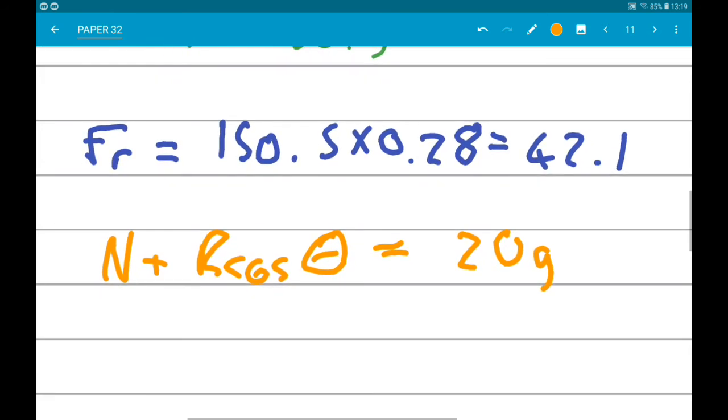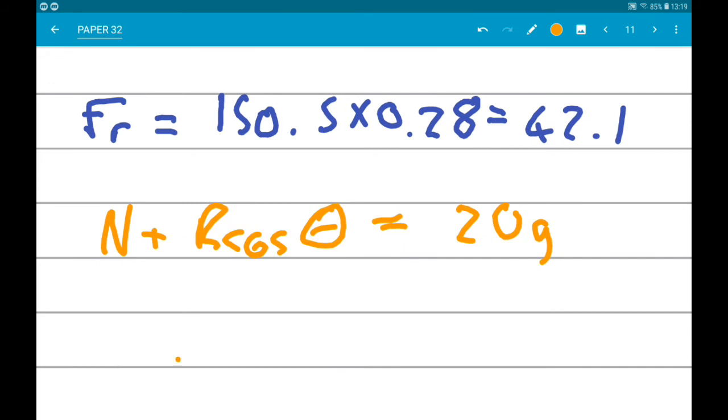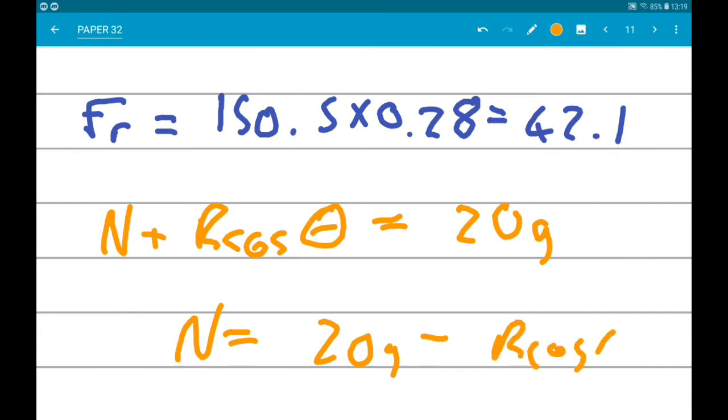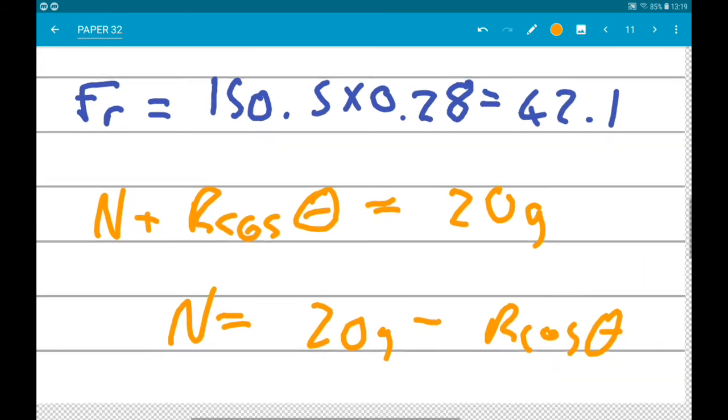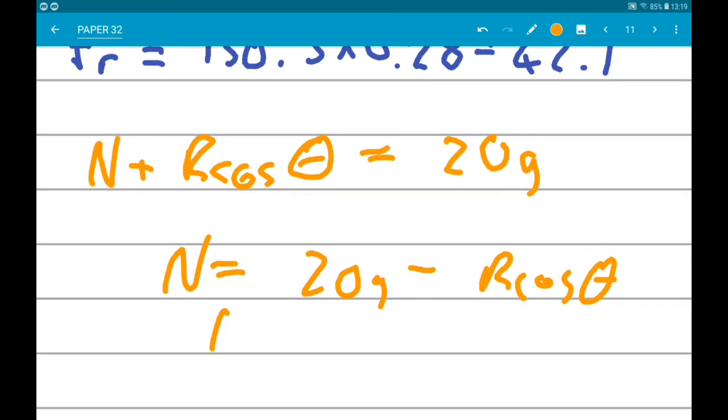So N is 20g minus r cos theta. Now that gives us that N is 51.5.